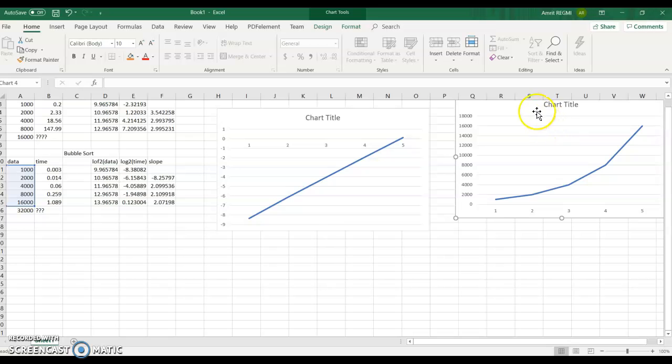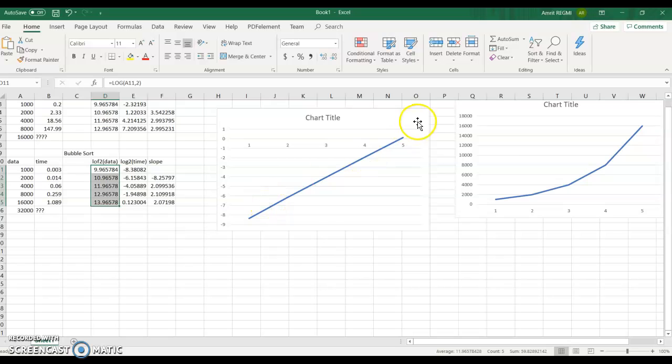This chart is for the data, and this chart is for the log of data. So this is linear and this is not linear.